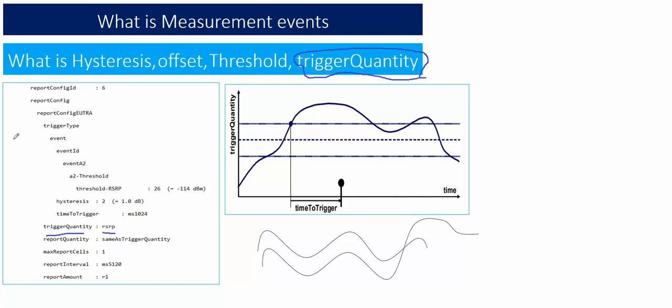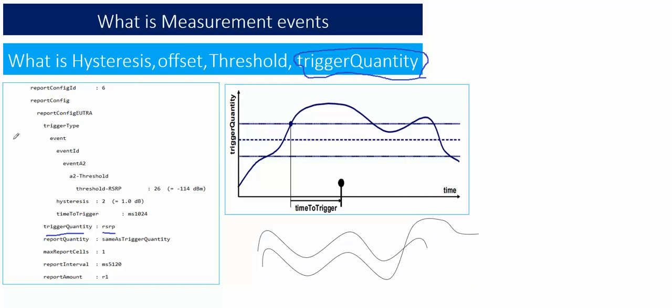When the eNodeB sends measurement control to the UE, it instructs all these parameters, which are set in the RRC reconfiguration sent. Then on the basis of that, the UE sends a measurement report to the eNodeB, and after that the eNodeB decides what to do.